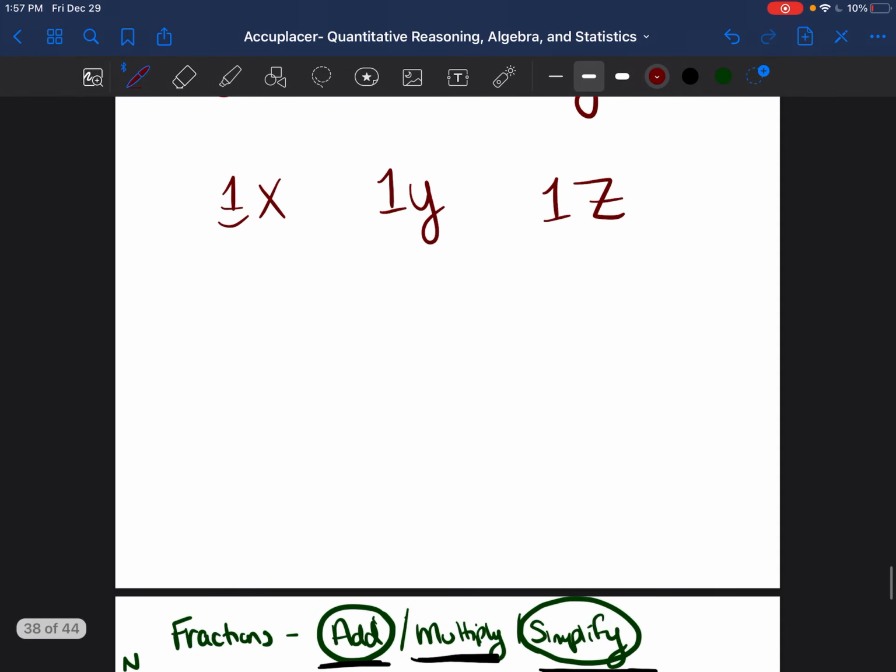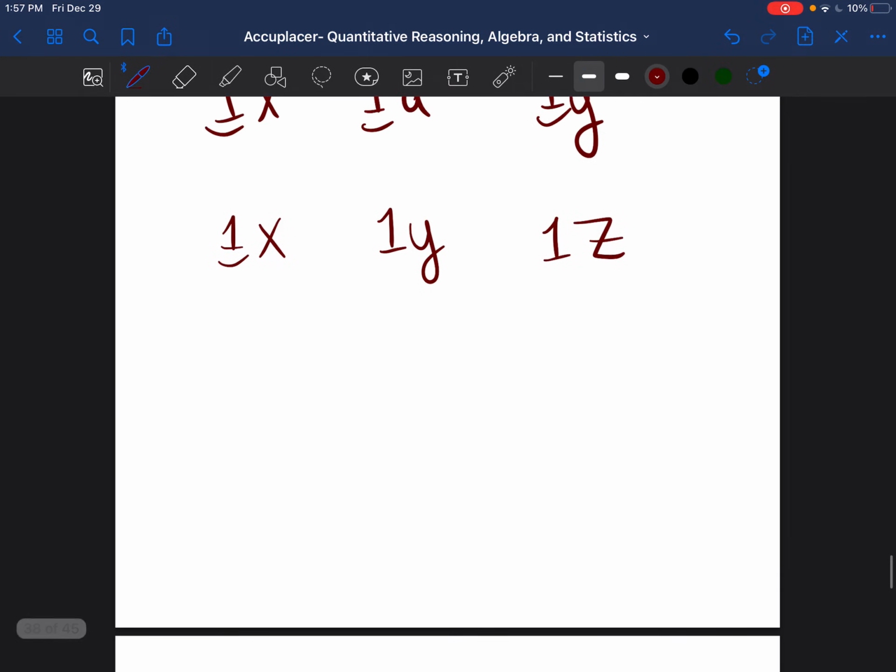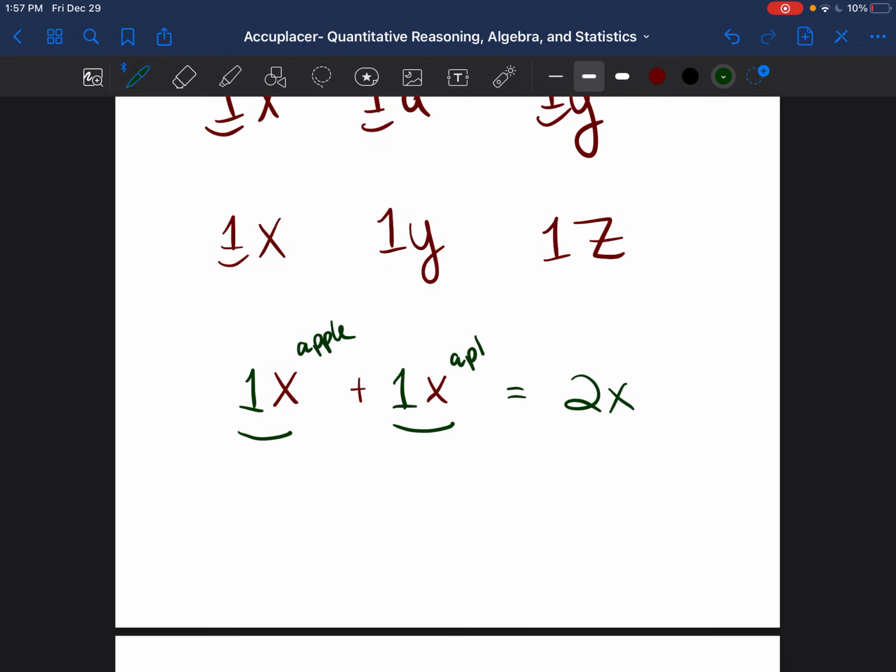So how can we go ahead and add? I'm going to add another sheet. How do we add variables? Well, say we have X plus X. Since there's an invisible 1 in front of both of these X's, 1X plus 1X is equal to 2X. How did I get that? It's the same as saying 1 apple plus 1 apple is 2 apples.